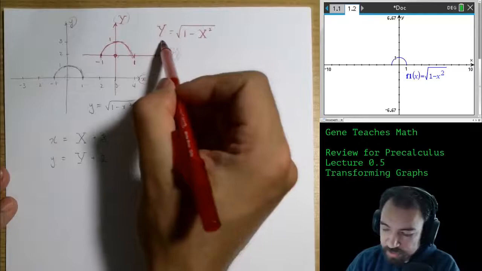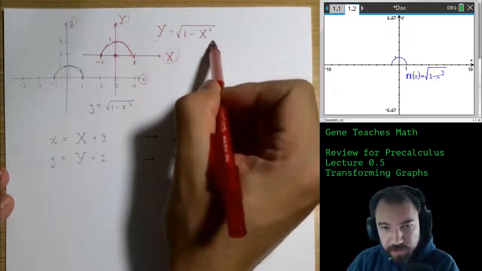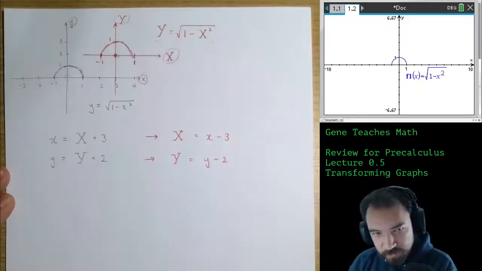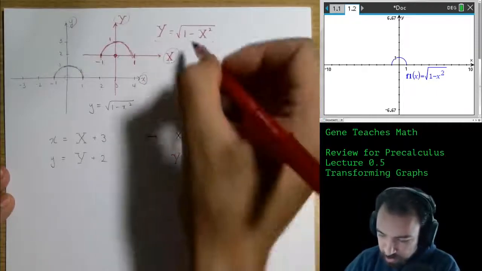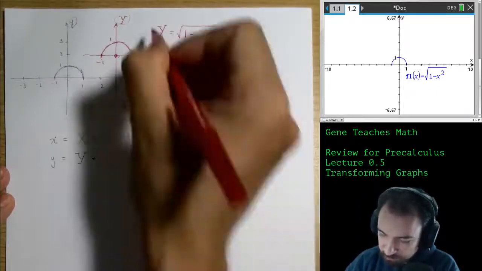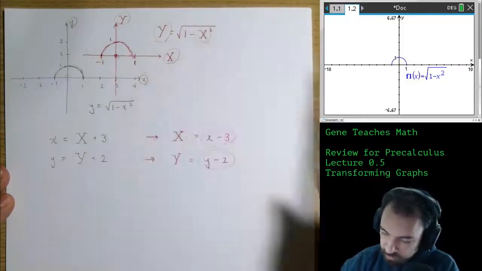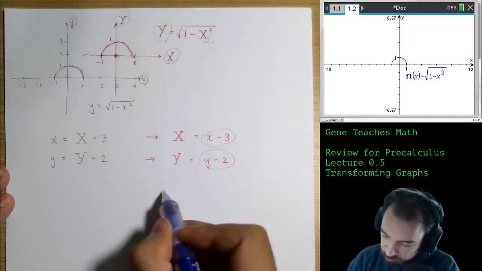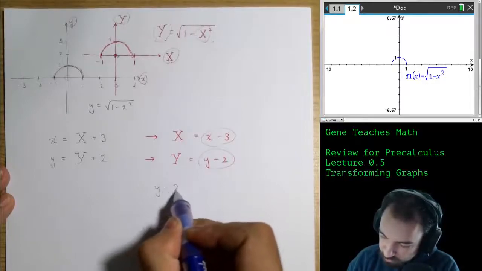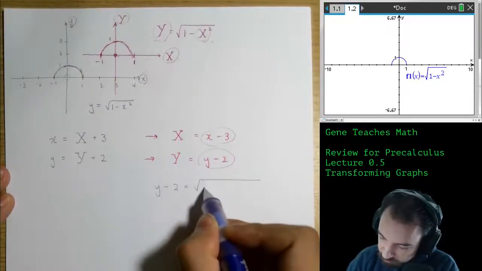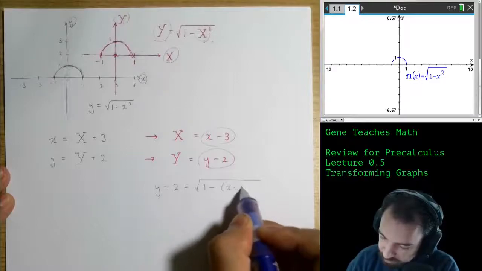So if I desire to express this relationship using the pencil coordinate system, then I would simply replace this for that, that's substitution, and replace this for that. So in the pencil coordinate system, we would end up saying y minus 2 equals the square root of 1 minus (x minus 3) squared.